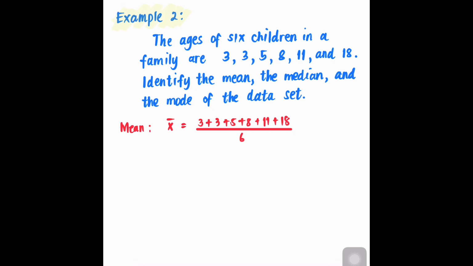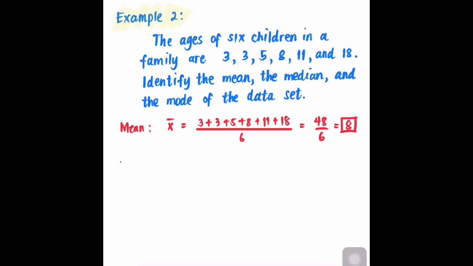So adding together all the numbers will actually give us 48. Divided by 6, which is 8. So the mean or the average is 8.